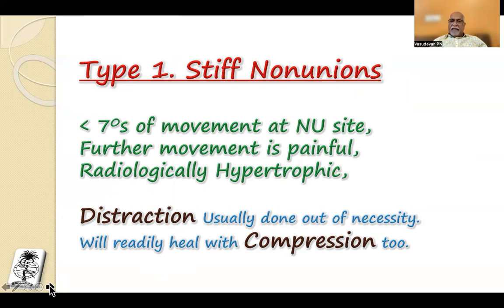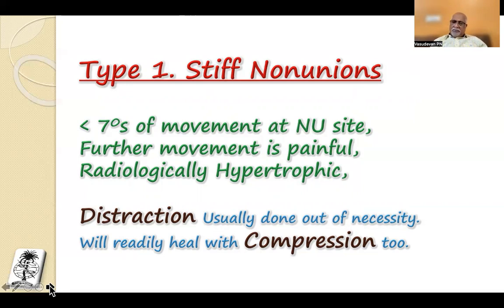And when you take an X-ray, radiologically they are normotrophic or hypertrophic. As these cases will have a little bit of deformity, normally they are managed by distraction because you have to correct the deformity. With Ilizarov, deformity correction is usually done by distraction only.